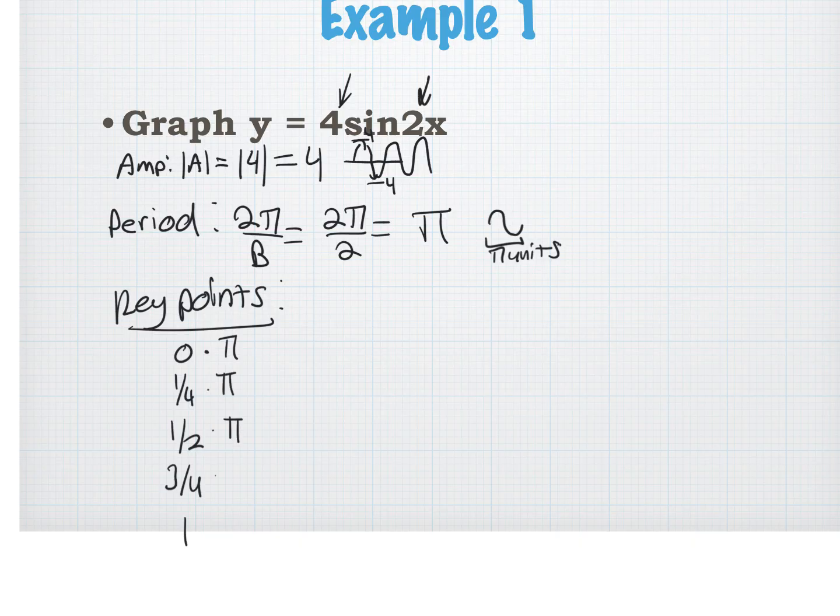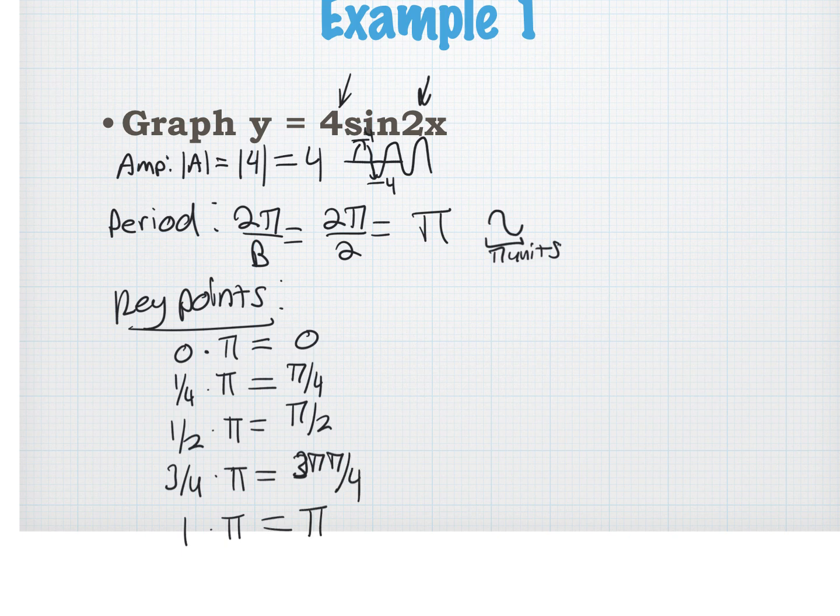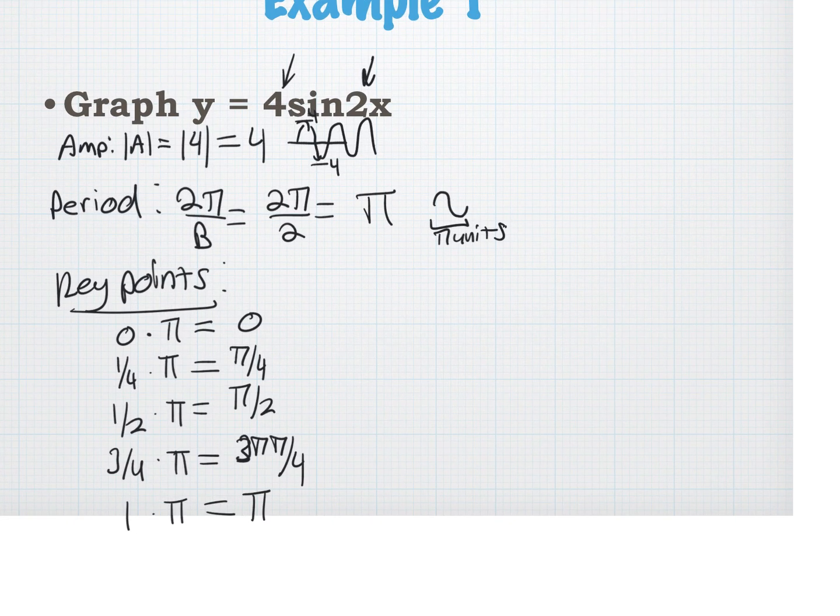Again, we use these numbers because we only care about the points at the quarterly intervals of the unit circle, right? So then we get 0, pi over 4, pi over 2, 3 pi over 4, and then pi.